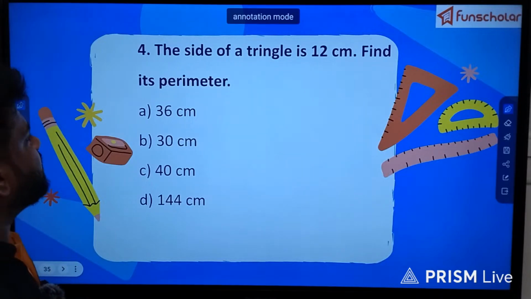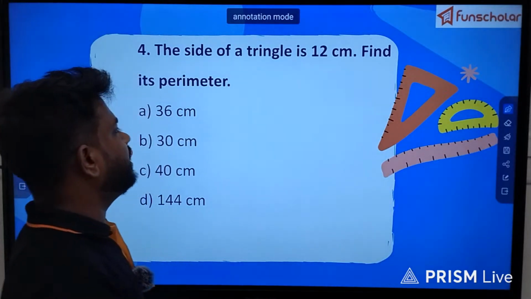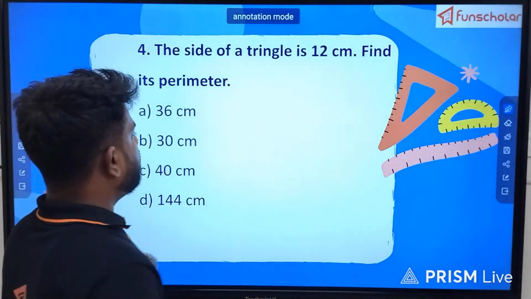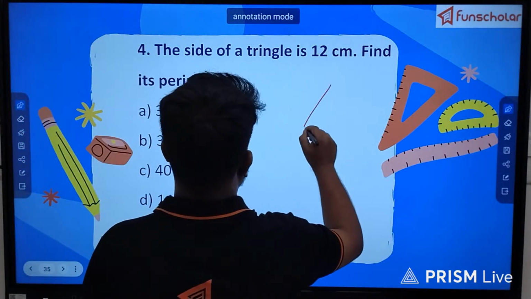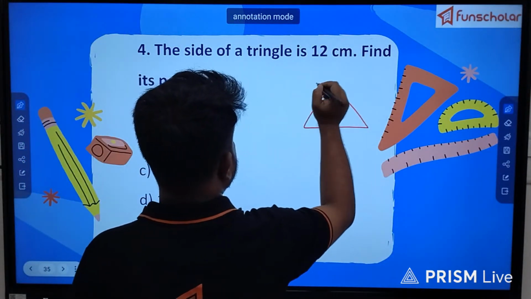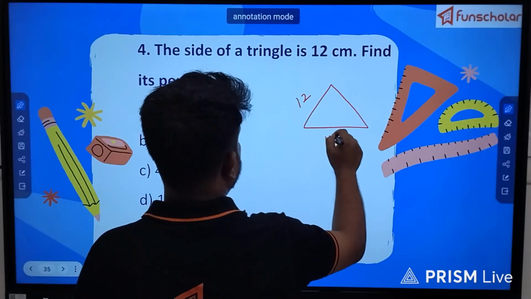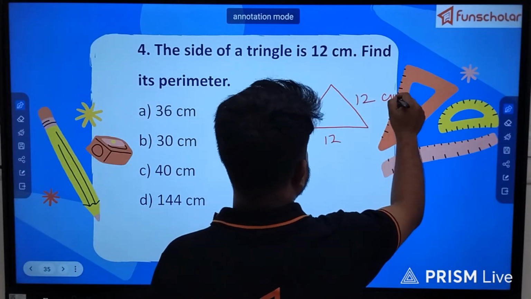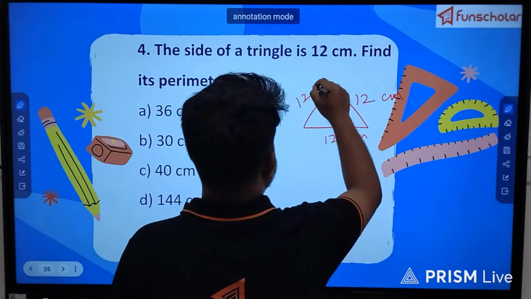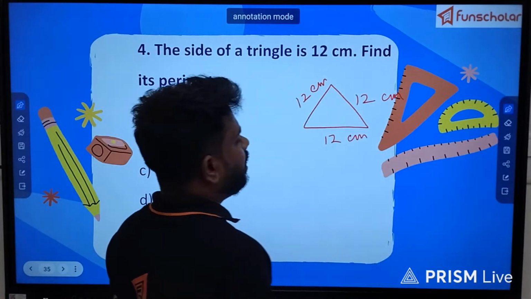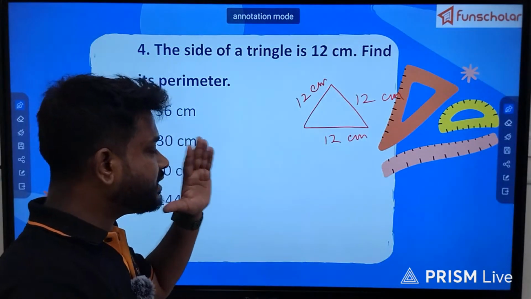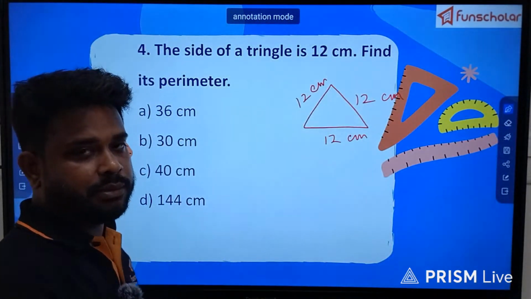Now the next one, the side of a triangle is 12 centimeter. Find its perimeter. So the triangle's side is 12 centimeter, and I don't have to say that this one will be an equilateral triangle, because only one side is given, that is 12 centimeter.